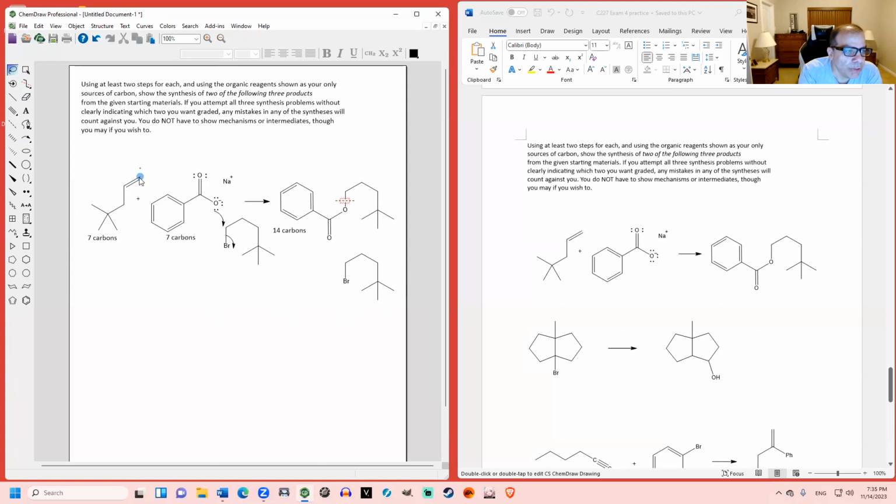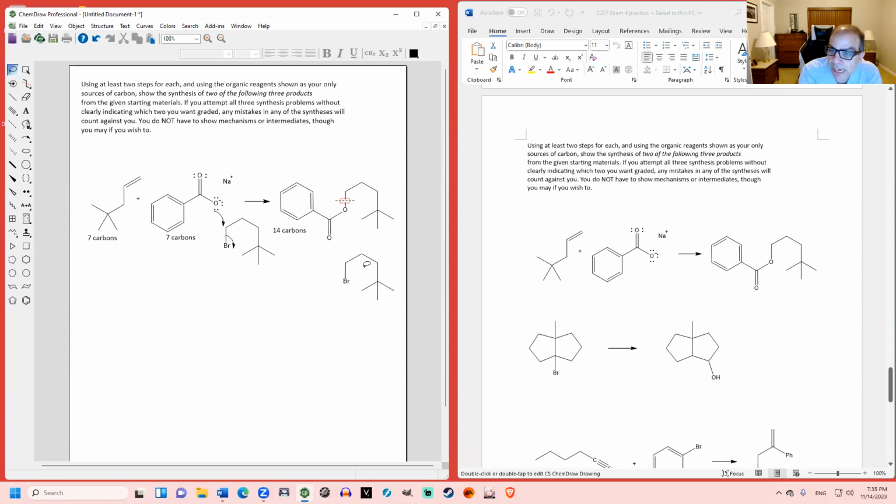So somehow, we have to change this alkene to the non-Markovnikov bromide. That's what you would get if you could somehow add HBr in a non-Markovnikov fashion, which actually is possible, but we didn't go over that in class, and it's not in your book. So we don't know how to make a non-Markovnikov bromide.